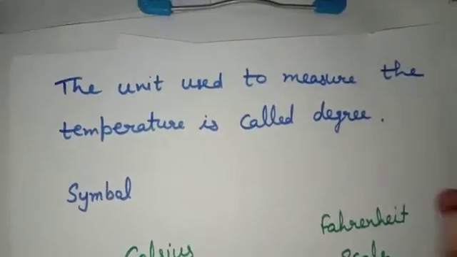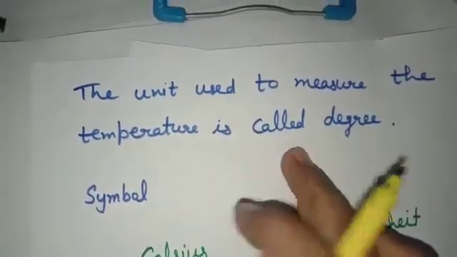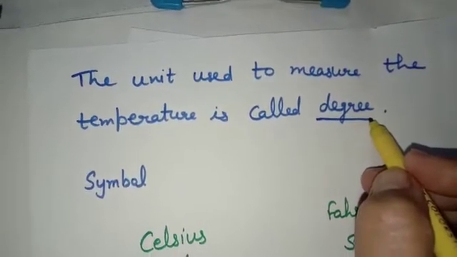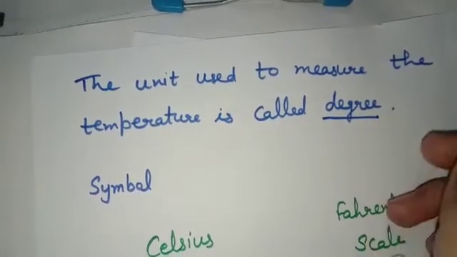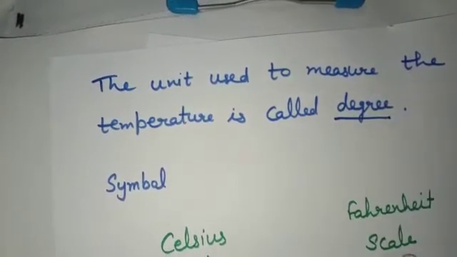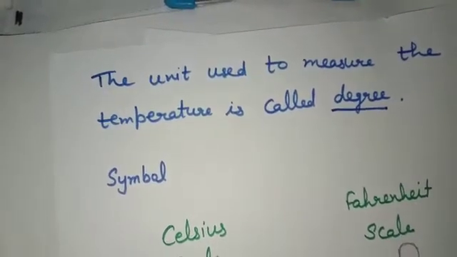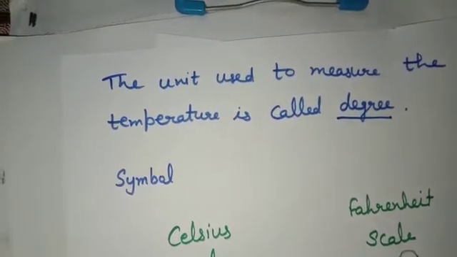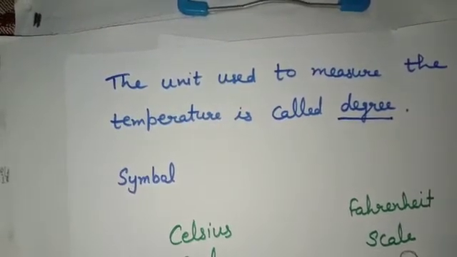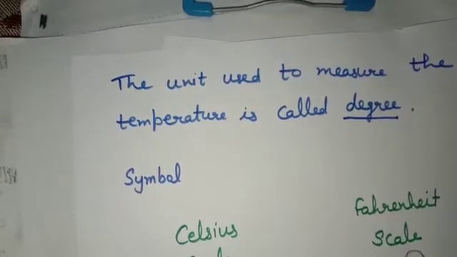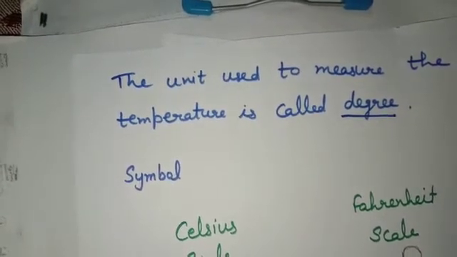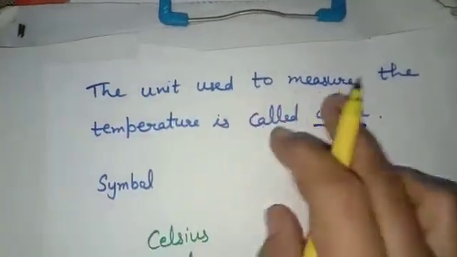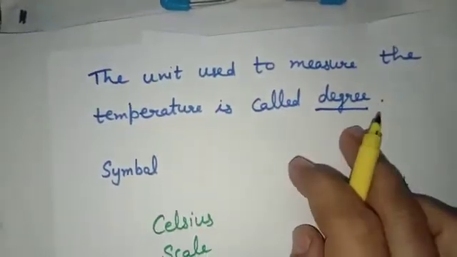The unit used to measure temperature is called degree. Here, before worksheet 1, we have some introduction to the terms related to temperature. Temperature is the measure used to check hotness or coldness of a body. The instrument used to measure the temperature of a body is called thermometer, and the unit used to measure the temperature is called degree.